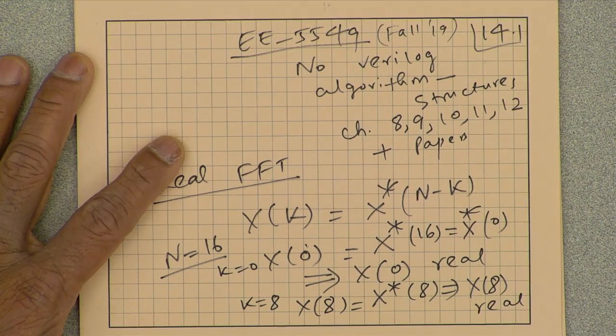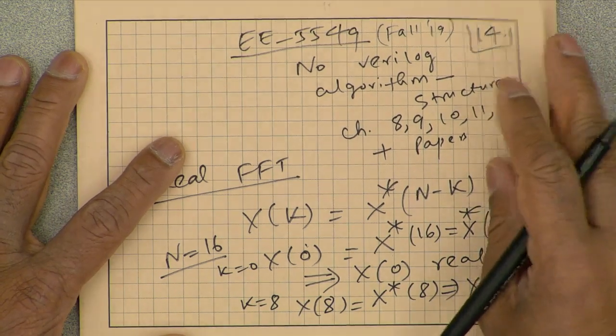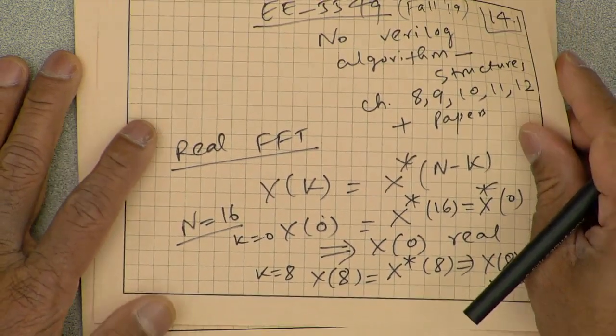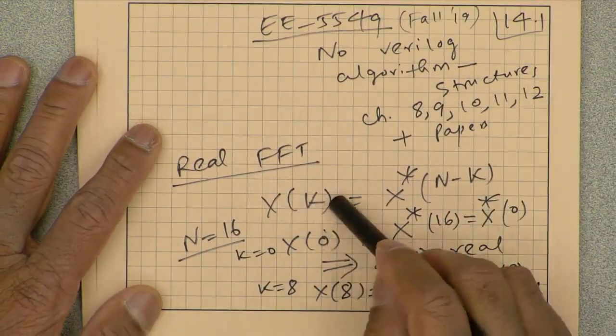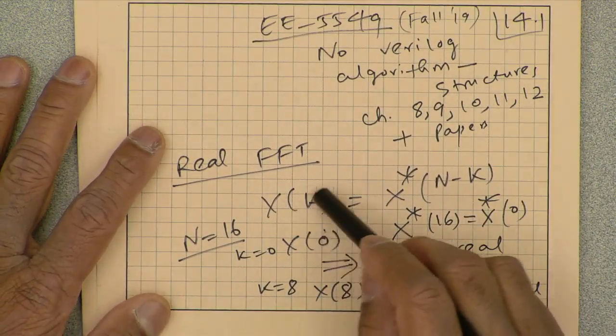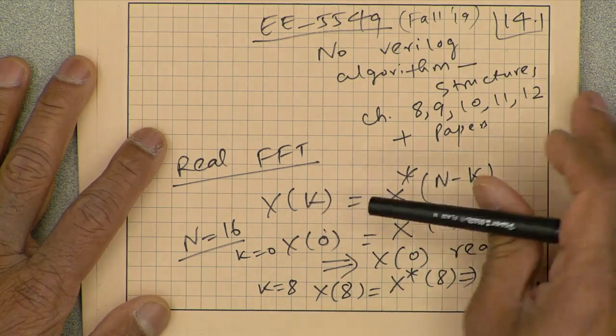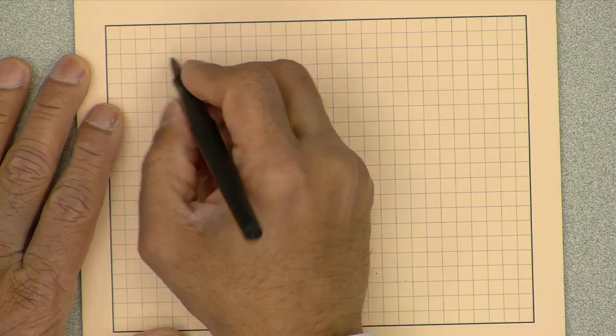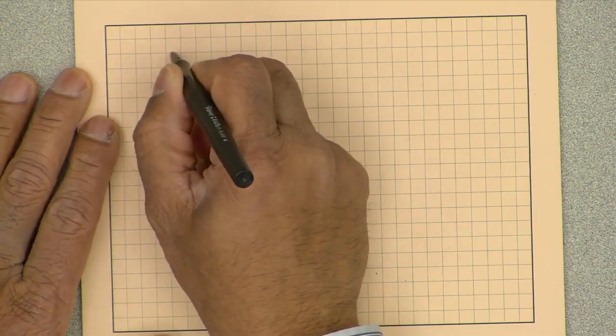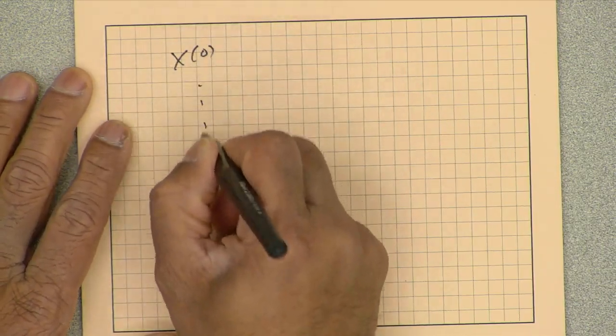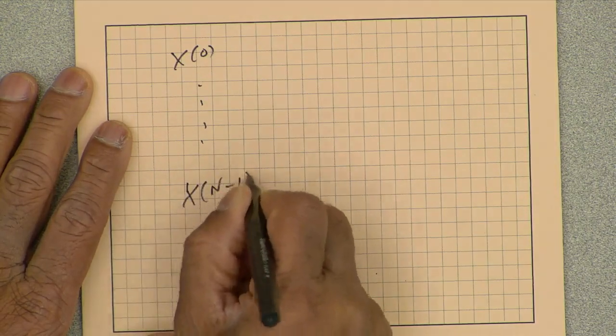Okay, so we know that X0 and X8 are real, and for any other k, for example X10 is the conjugate of X6. So let's say that we have x0 through x(N minus 1).